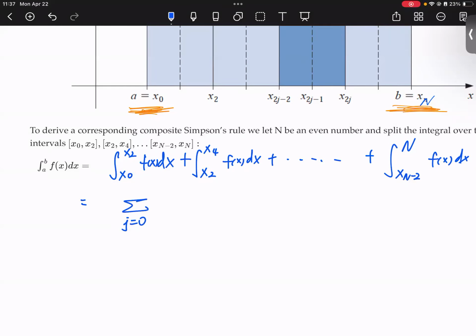Maybe I'm not going to use the sigma sum, because it will make the notation complicated. So let's just apply the Simpson's rule to each subinterval here.